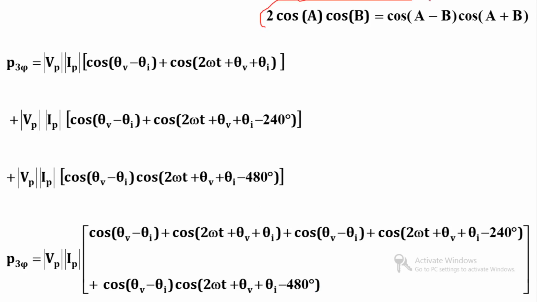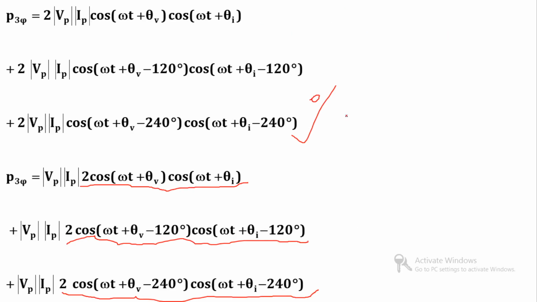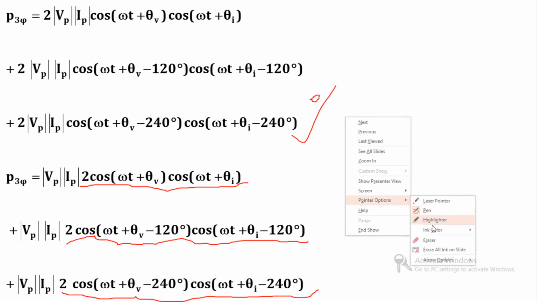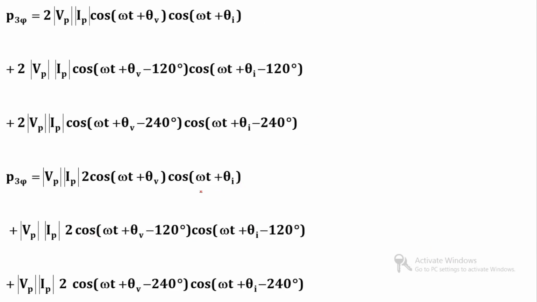2 cos A into cos B is equal to cos A minus B plus cos A plus B. So we can say that this simplification will look like this.